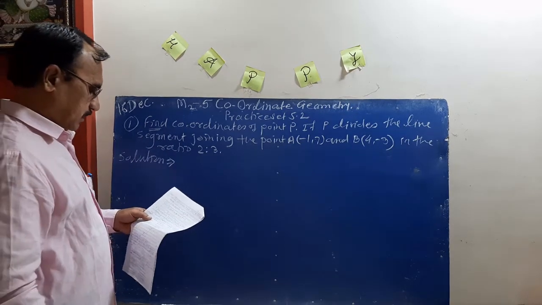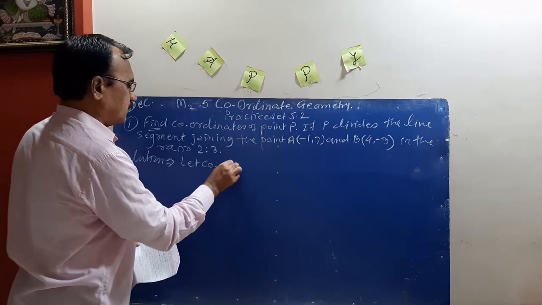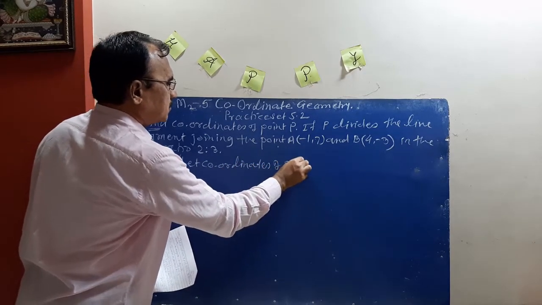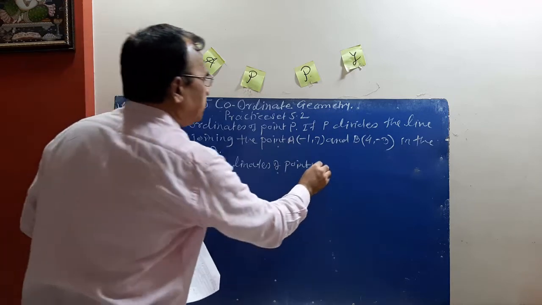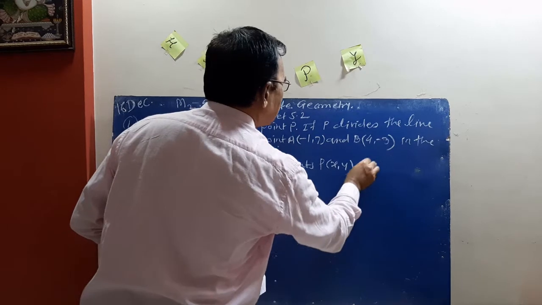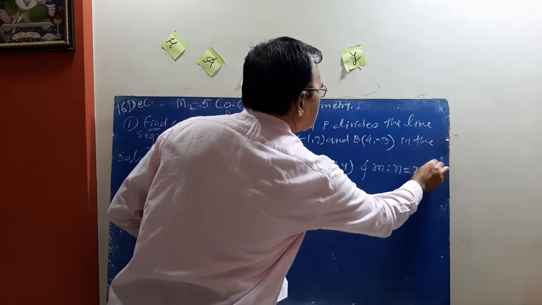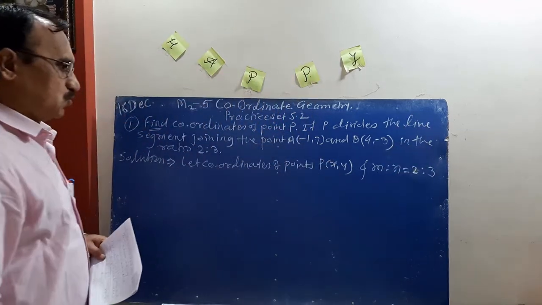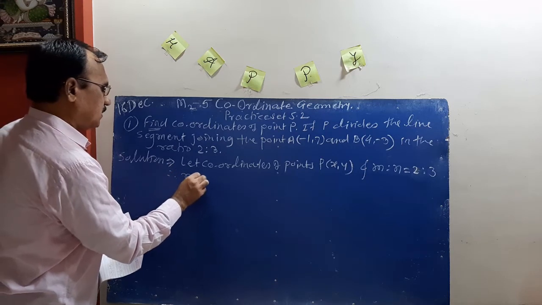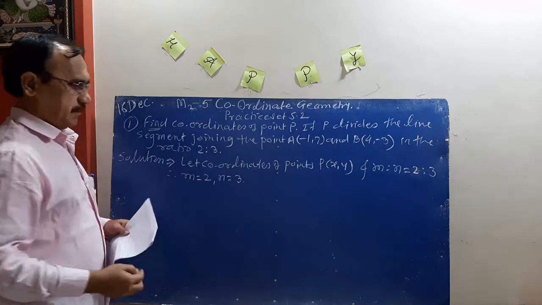Here let coordinates of point P be xy, and m to n is equal to 2 to 3. Therefore, m is equal to 2 and n is equal to 3.